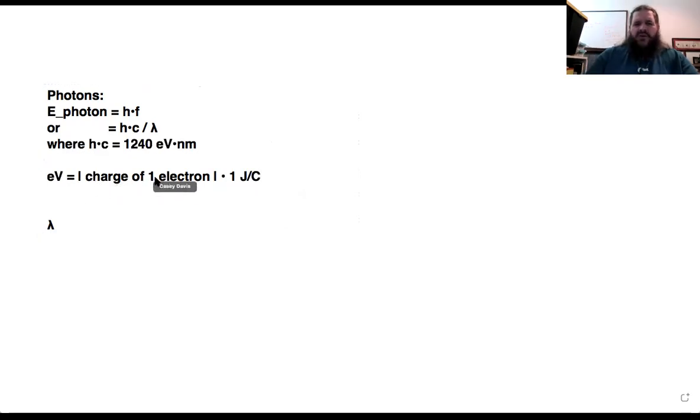So if you look up the charge of 1 electron in coulombs, ignore the negative because we don't care about the negative, and then cancel out coulombs and write it as joules instead, that is 1 electron volt in joules. I would expect that in most cases you could just leave the energy in electron volts, but if you need to convert, that's how you would set up the conversion factor. Look up the charge of 1 electron. I think it's like 9 times 10 to the negative 30 something like that.